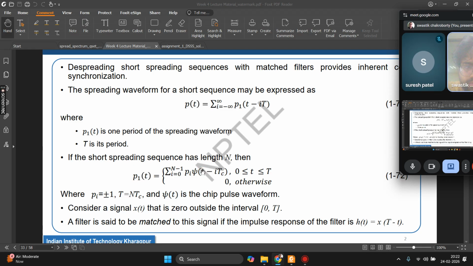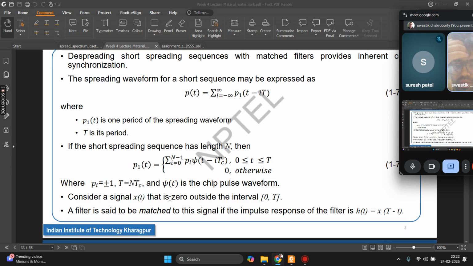P1 is basically composed of chips of plus or minus 1, and a pulse shaping function. So it is the product of a plus or minus 1, which is Pi, and the pulse shaping function, which is the chip pulse waveform.